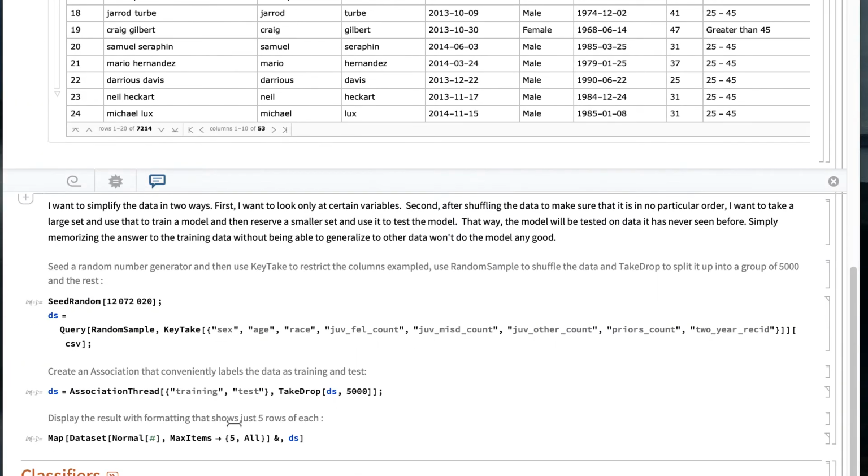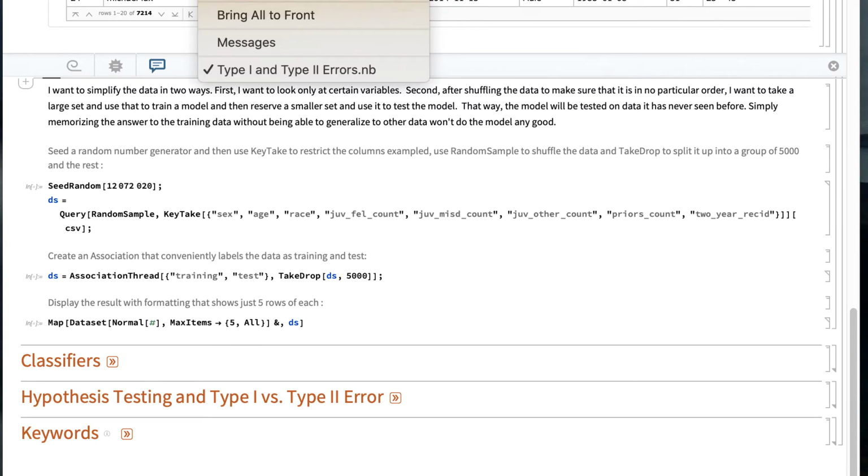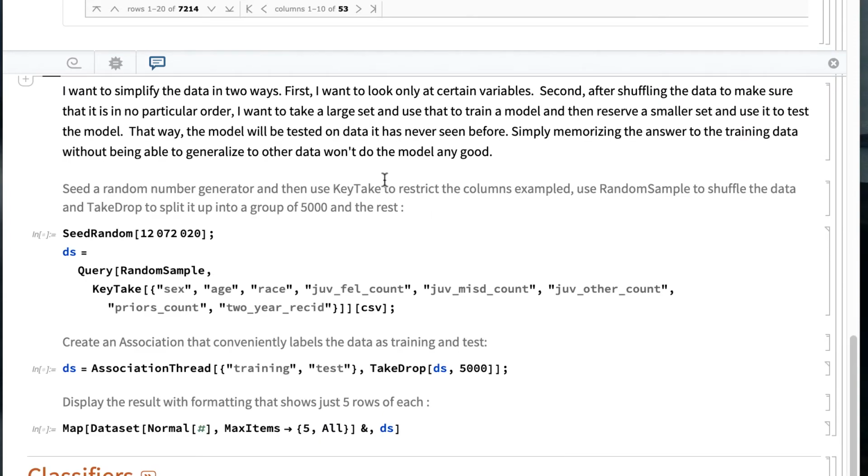Now, let me go back to a more reasonable magnification. What I want to do is to simplify the data a little bit. First of all, I want to shuffle the data rows to make sure that they're not in any particular order.